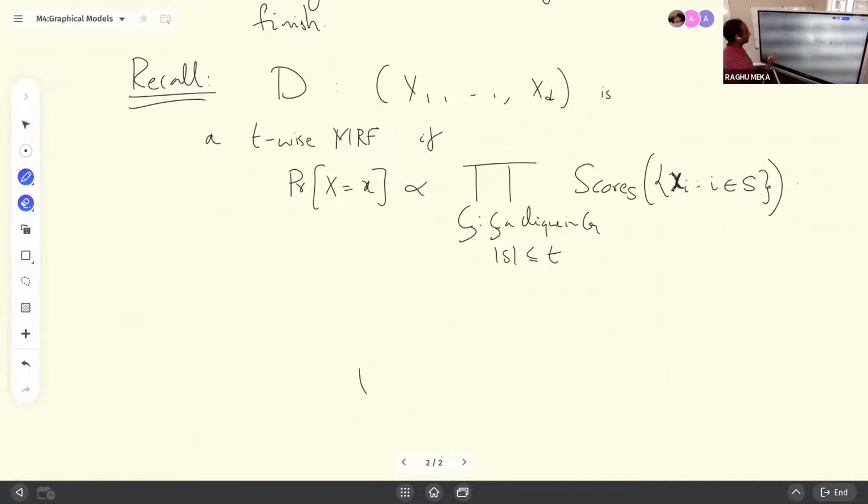And you might wonder, what is this proportionality sign here, right? So we are not writing an equation for the probability density function. I'm just telling you that it is proportional to something. Okay. So when you think about it this way, there are many questions that show up. For example, even if I tell you the scores, can I sample from the distribution efficiently?